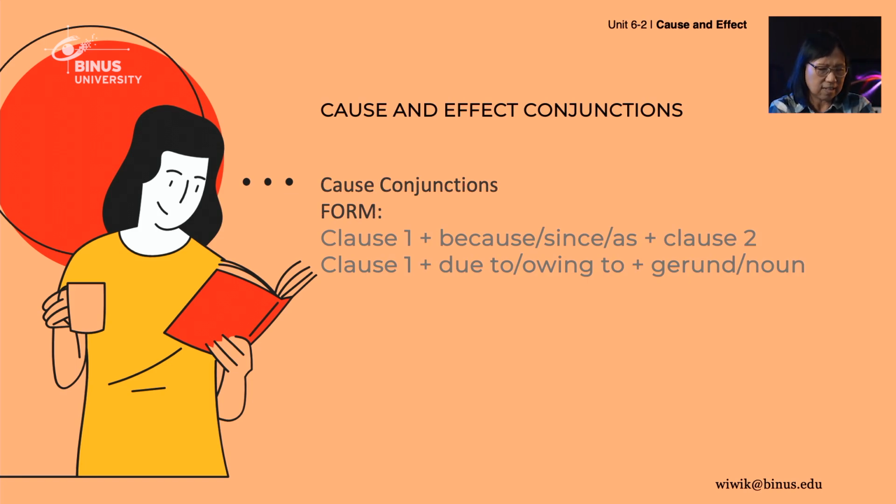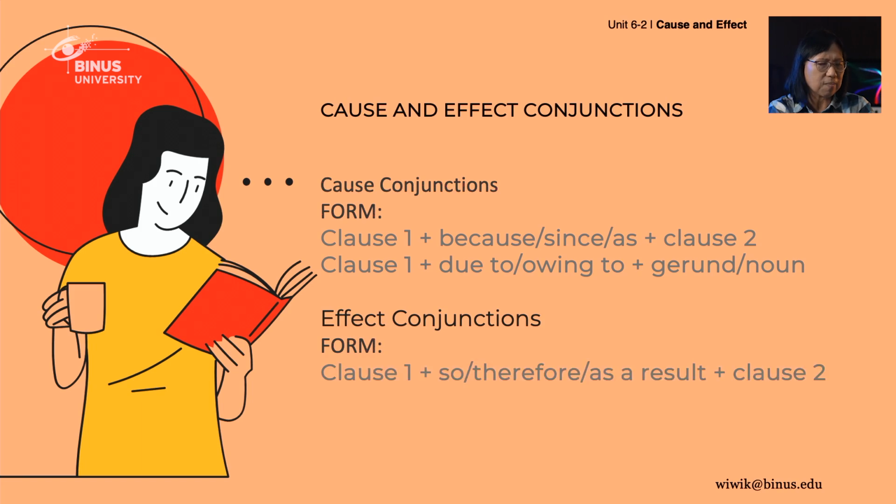The first one, clause 1, plus because, since, or as, plus clause 2, and clause 1, due to, owing to, gerund, and noun. So please remember the differences. And if you use effect conjunctions, the form is clause 1 plus so, therefore, as a result, and clause 2.